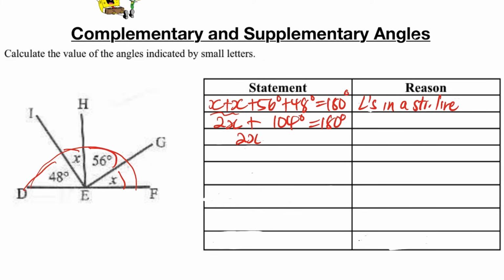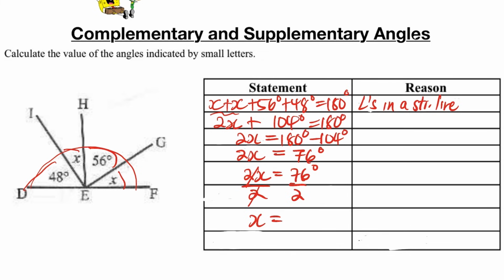You transpose the 104, so you have 180 minus 104. So 2x is equal to 180 minus 104. It's going to be 76 degrees. So we have 2x equal to 76 degrees. We divide by 2, and your x will be equal to 38.